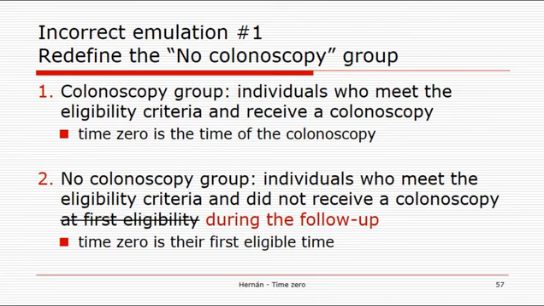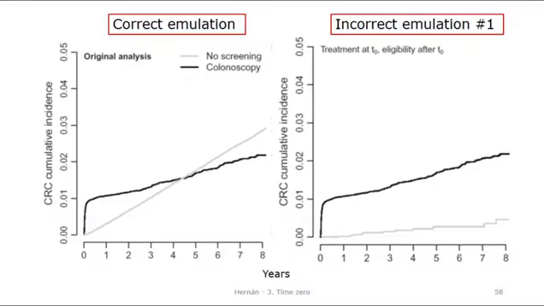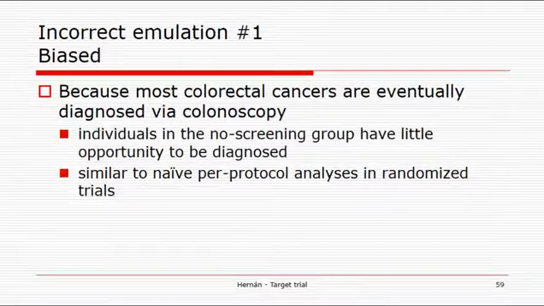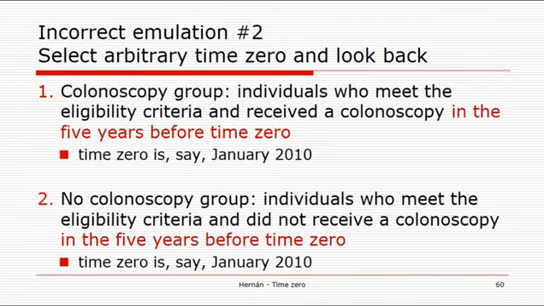As soon as you read this in a paper, a red light should go on. Oh, they're looking at the future after time zero to decide who is in that group. That's never good. In fact, here it gives you a completely nonsensical result, because if you don't include people who have a colonoscopy during the follow-up, you are excluding everyone who had colon cancer that was diagnosed during colonoscopy. So this is biased.